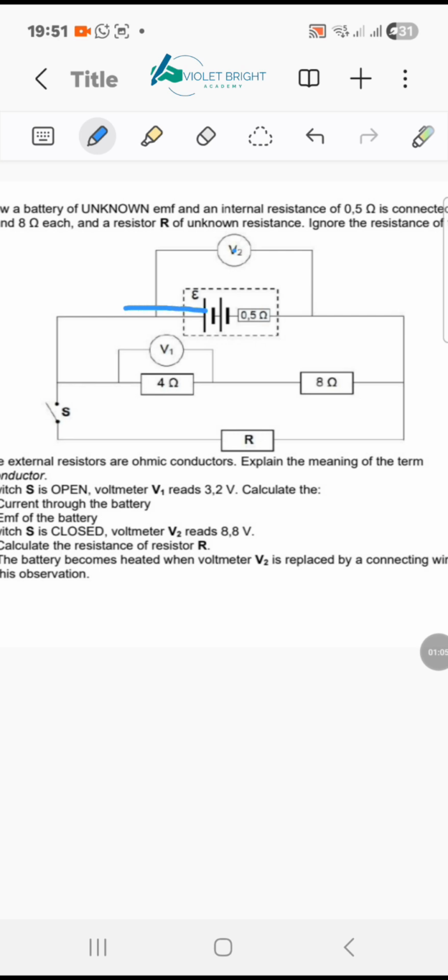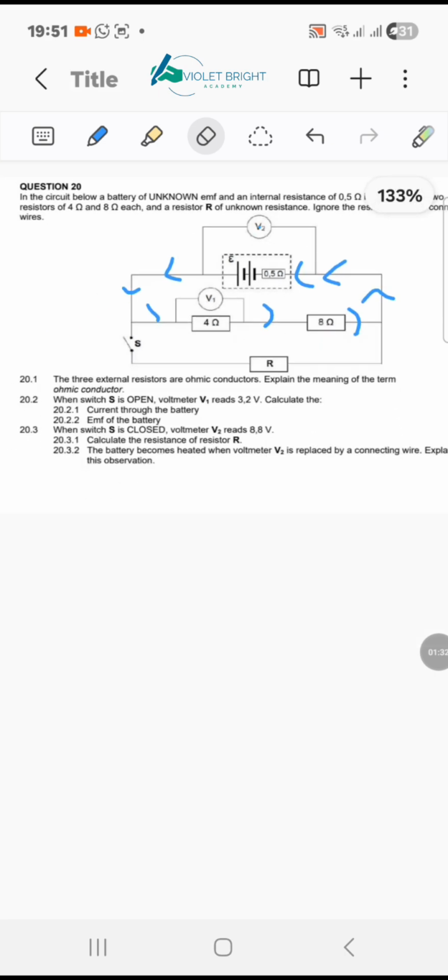The current will go this way if the switch remains closed, so we need to do that first so we can understand. If the switch is open, the resistors will be in parallel, so it will be like this. But for now, let's keep the switch as it is.